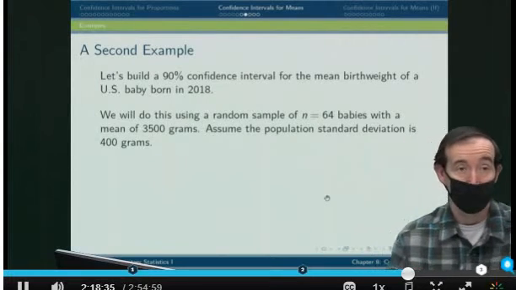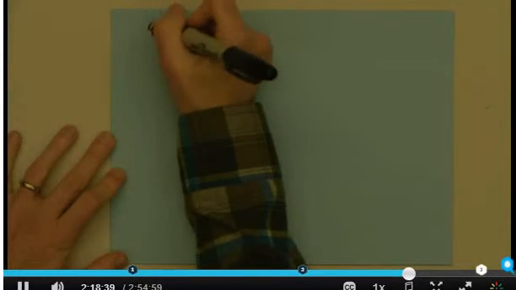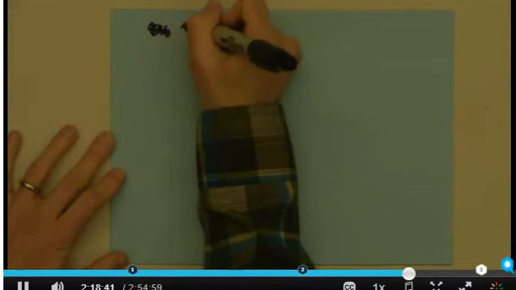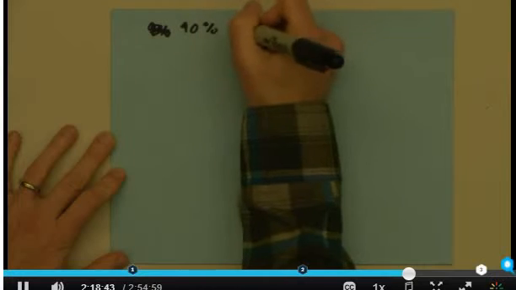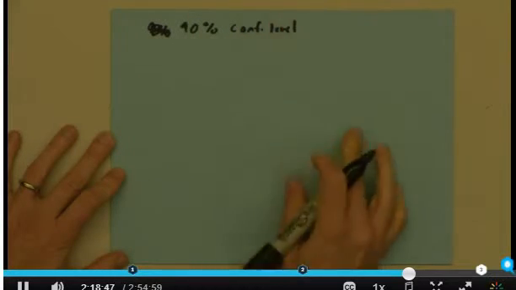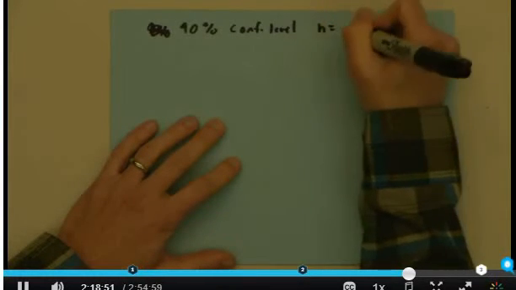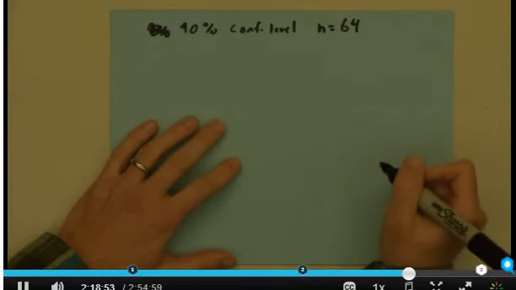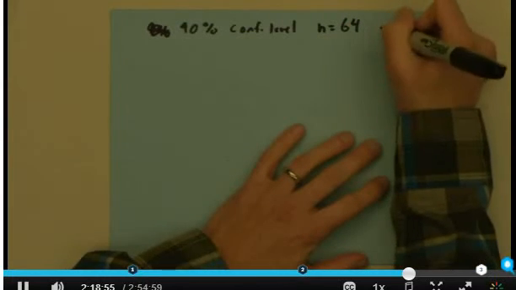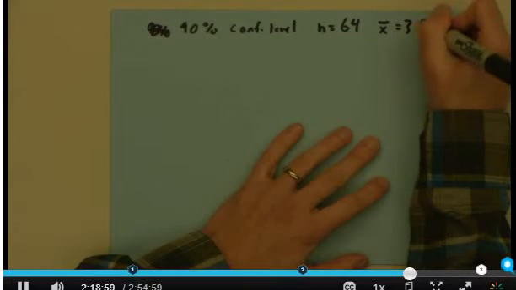Let's see. I want a 90% confidence level. I want a sample size of 64, and what I found in my sample is a mean of 3,500 grams.